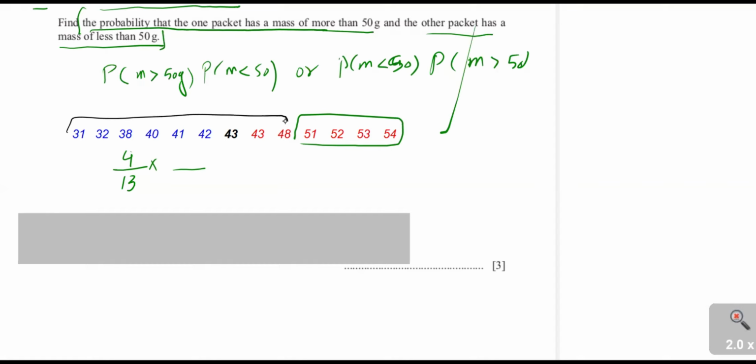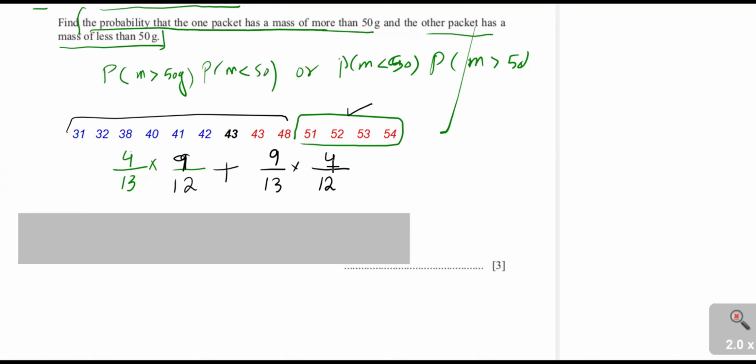These 9 packets, we write 9, but the total packets will be 12 because one packet is already chosen. So we write 9 out of 12 for mass less than 50 gram. And for the other order, when we choose the second packet, one packet is already chosen, therefore 12 packets will be here, and the number of packets with mass greater than 50 gram is 4.